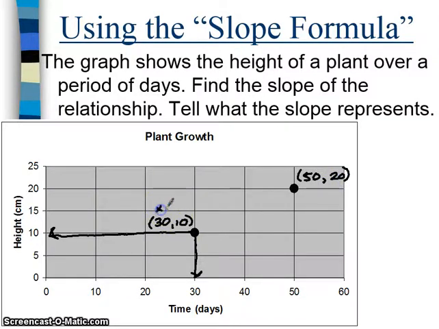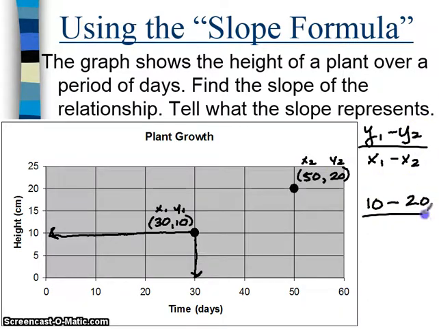So label our points x1, y1, and x2, y2. Substitute them into the slope formula, which says y1 minus y2 over x1 minus x2. y1 is 10 minus y2 is 20, over x1, which is 30, minus x2, which is 50. 10 minus 20 is negative 10, and 30 minus 50 is negative 20.